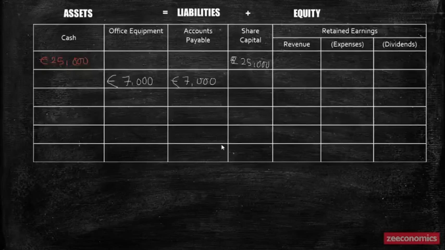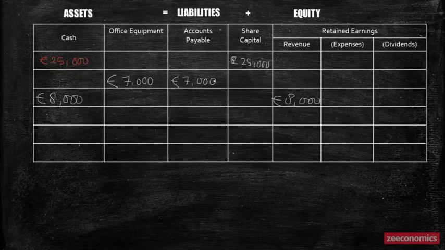We're going to input in cash an increase of 8,000 euro, and it also has an effect on equity, in terms of revenue, because the company has performed the services, so it receives revenue of 8,000 euro. There we go, 8,000 euro for the service performed.